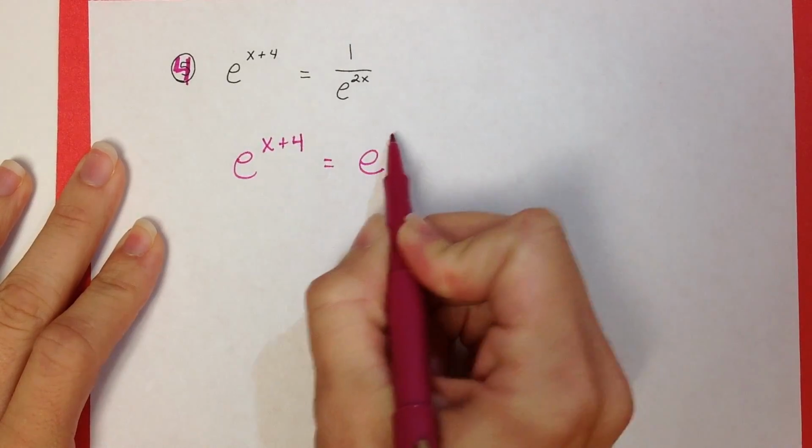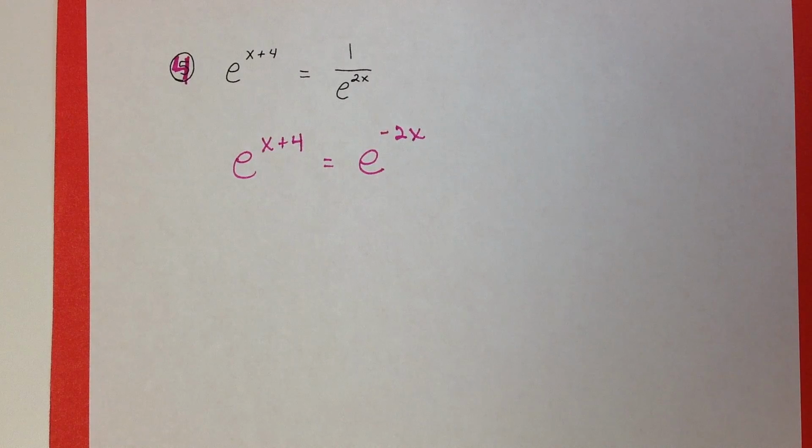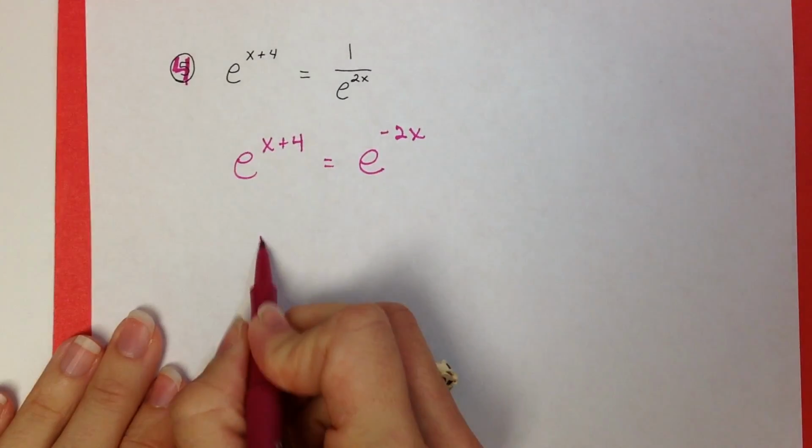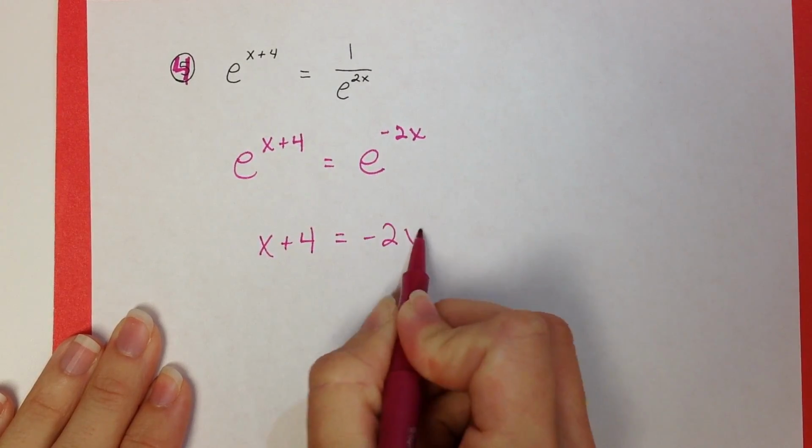So that's going to cause my exponent to change to a negative 2x. On neither side do I have to do anything in particular with my bases because they're both e's. So you're ready to pull out your exponents and set those equal to each other.